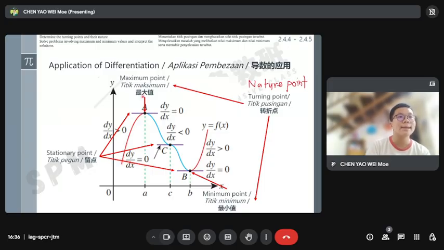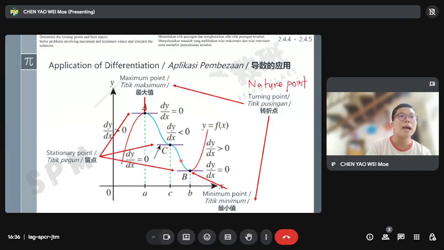When you extend a line to find the gradient, if the line moves up like this, you can say that dy/dx is positive, also dy/dx is larger than 0. But if I extend the line and it goes down, you can say that dy/dx is smaller than 0.